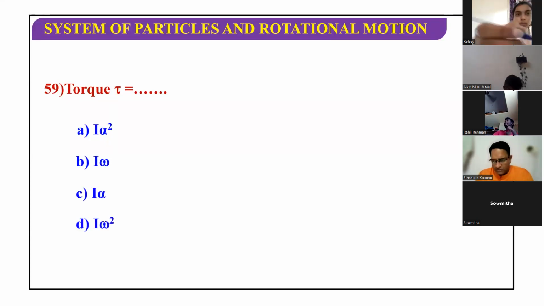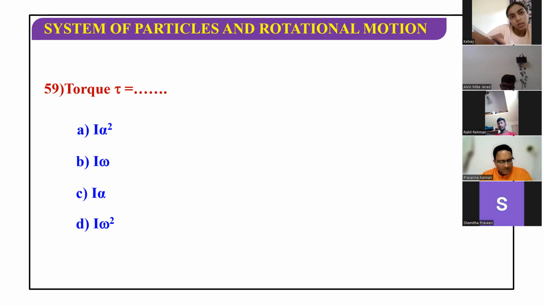What is torque equal to? Everybody look at the question. What is torque equal to? I omega. I alpha, sorry. Yes. How did I ask you to remember or connect? F is equal to ma, sir.